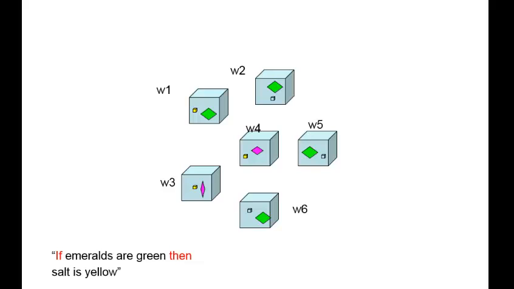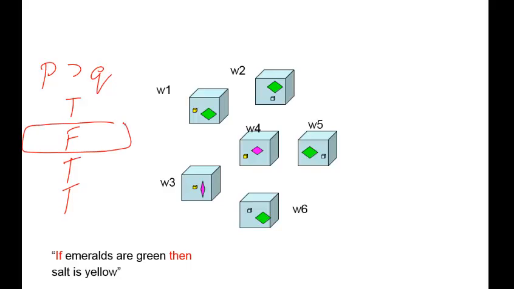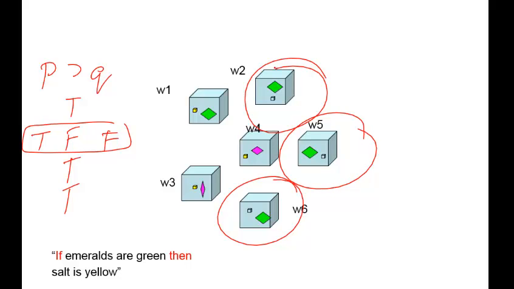So how about the if-then? So if emeralds are green, then salt is yellow. So how does this look again? It's TF, TT. So what do we know? We know that it's false only in the second case, where P is true and Q is false. Do we have any cases like that? We've got lots of cases like that. Here, emeralds are green, but salt isn't yellow. So that would be the second case.